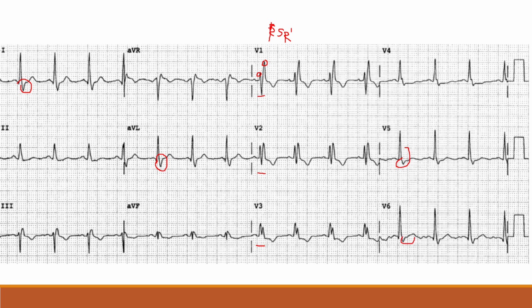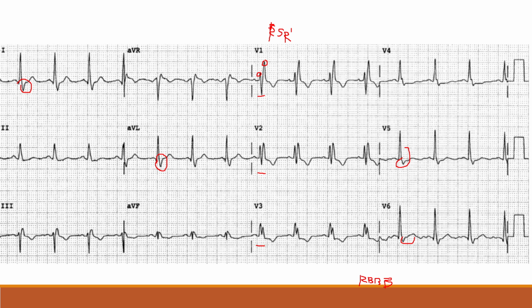So this ECG demonstrates a right bundle branch block, with an RSR pattern in leads 1, 2, 3.